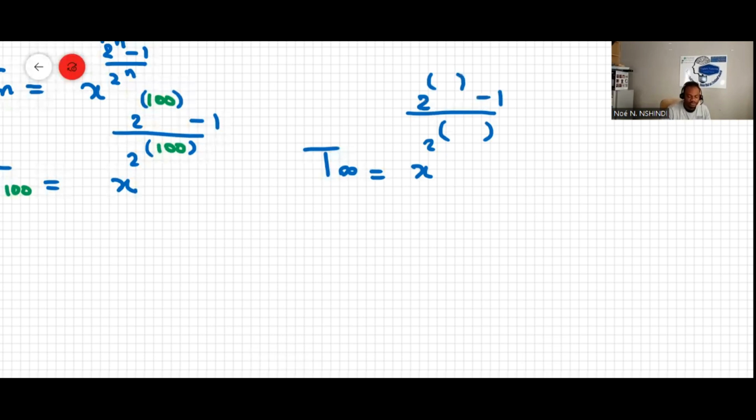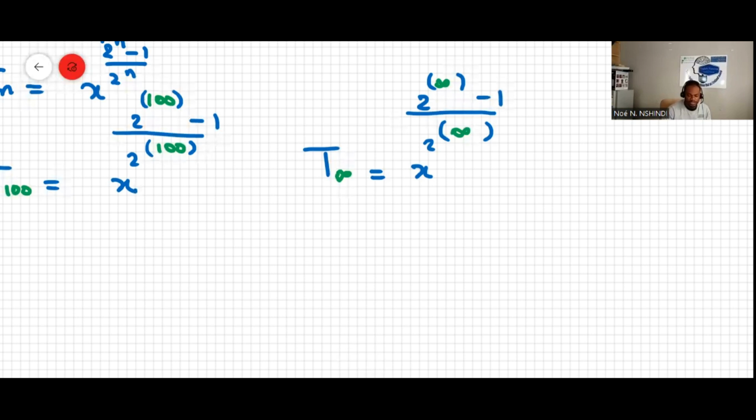So I can substitute there. T to the infinite means we're going to substitute infinite there also. It's going to be hard to do it now. Okay, I prefer to do it this way.